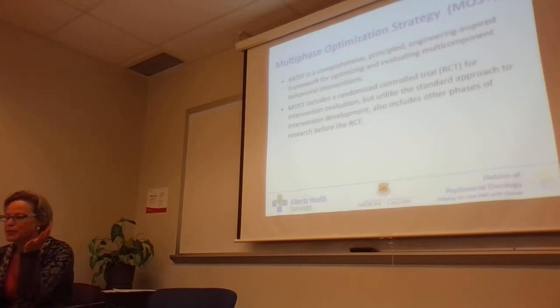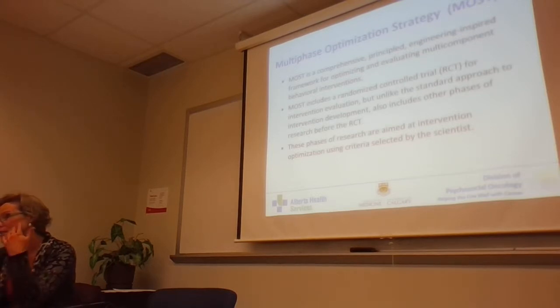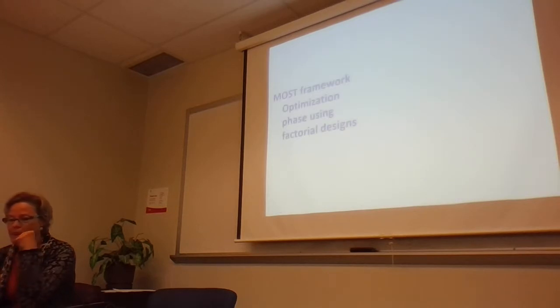So MOST includes a randomized controlled trial to evaluate the intervention, but before we get to that, there's lots of other phases that you need to do. And so the phases are aimed at optimizing the intervention using your own criteria that you select for efficacy.